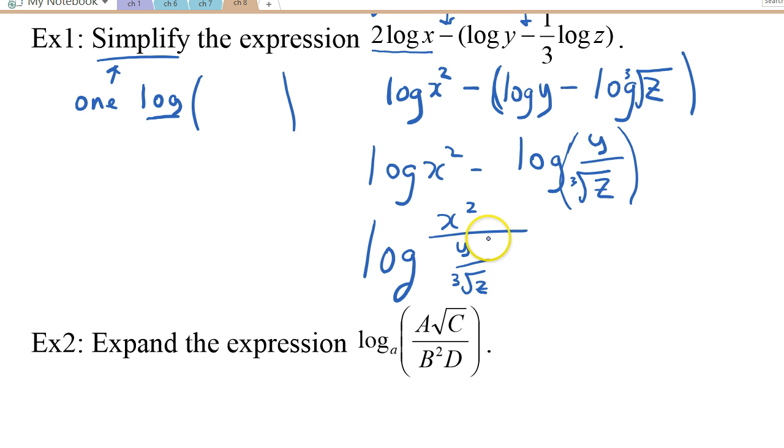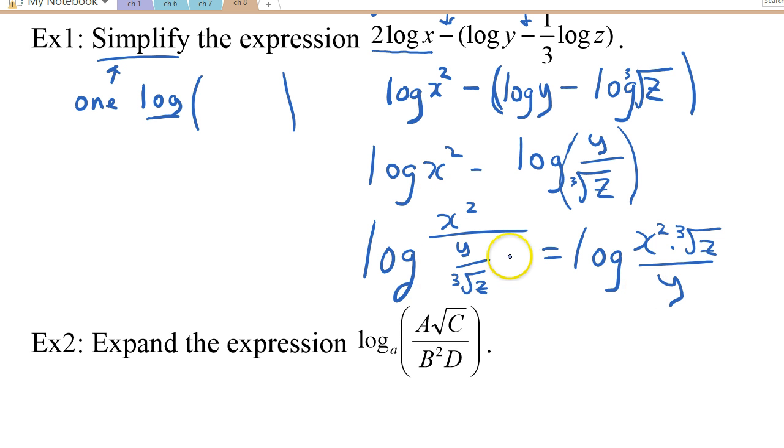I can say instead of dividing by this, I can multiply by the reciprocal. So I can write this as log of x squared multiplied by the cube root of z all over y. Okay, see how I multiplied this by the reciprocal. So there I get my answer.